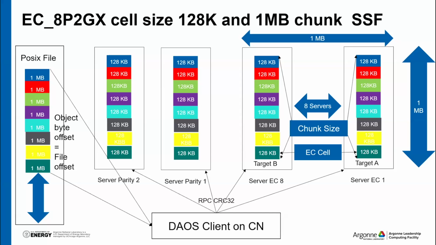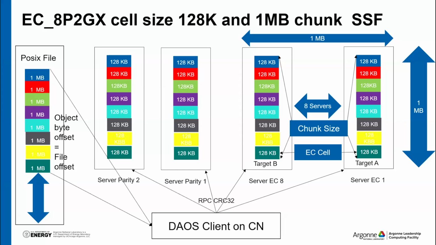Then it's going to spread those 10 EC cells across 8 servers that are the erasure coding servers, and 2 that are the parity servers. So you've got 10 total servers. If you lose up to 2 servers out of those 10, you can still reconstruct your data.